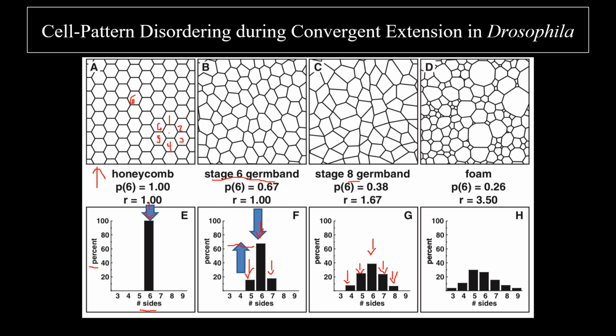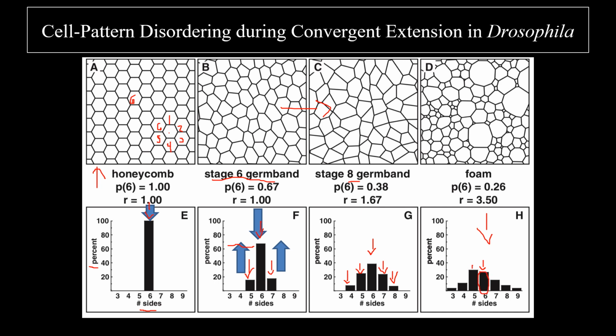So what they are saying is that if you see the cells from the top, they start changing in geometry, and the degree of order starts reducing because of all the forces that are required to reorganize the entire tissue. However, if you compare with a soap foam, you see that even there is a lot of variation, although the hexagon seems to be important.